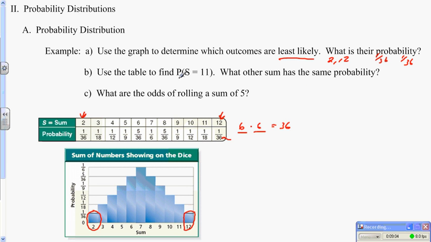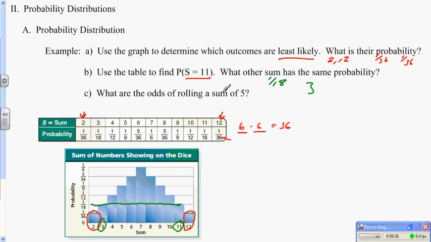Use the table to find the probability that the sum is 11. Here's the sum of 11, and it's right here, which takes them to 1 out of 18. What other sum has the same probability? 3.